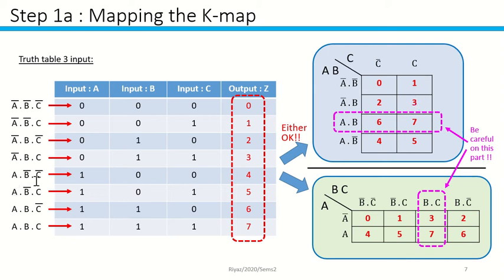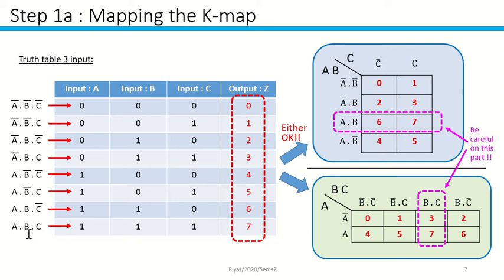A, B bar, C bar. That's why you have number 4. A, B bar, C, you have number 5. A, B, C bar, number 6.